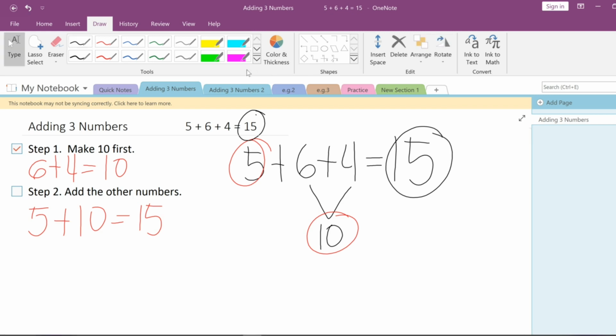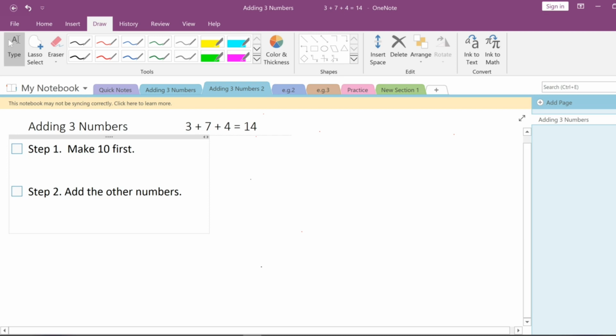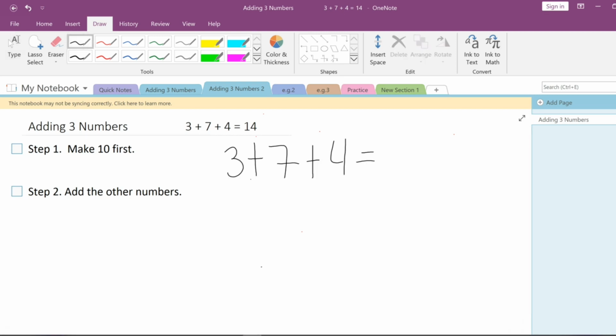Here is another example: 3 plus 7 plus 4. First step, make 10 first. So let's look at these numbers. Which numbers would make 10? Will 3 plus 4 make 10? Nope. How about 3 plus 7?